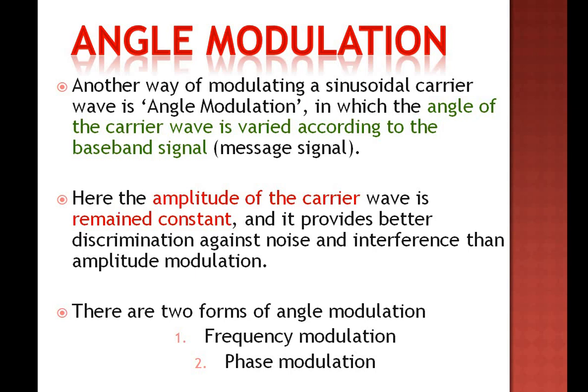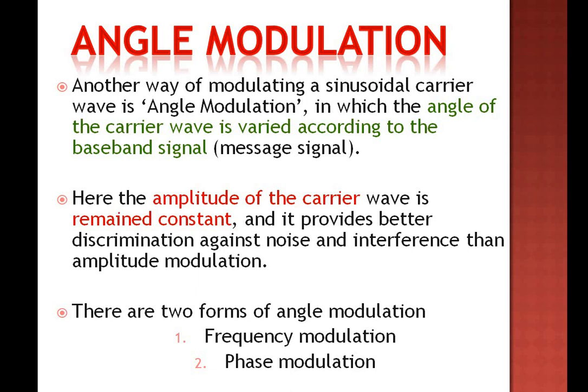What is meant by angle modulation? Another way of modulating a sinusoidal carrier is angle modulation. One way of modulating your sinusoidal carrier was amplitude modulation. One other way of modulating your sinusoidal carrier signal, the carrier wave or high frequency wave, is angle modulation.